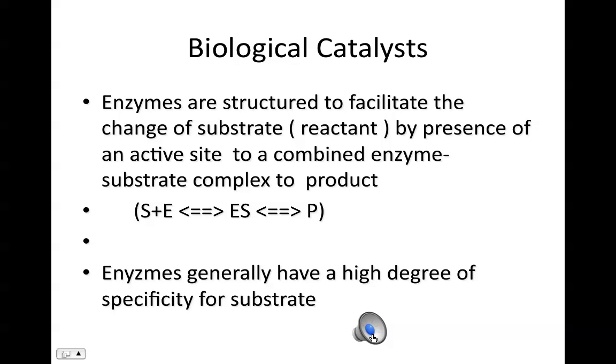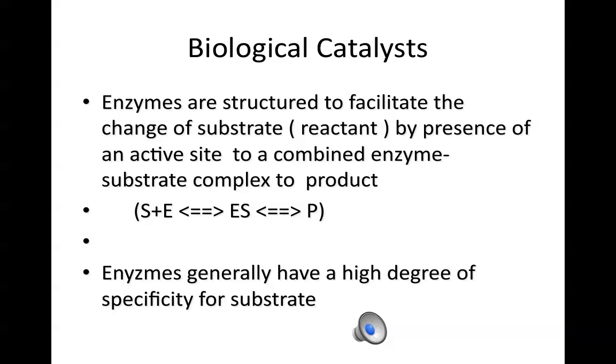In our metabolic reactions and pathways, we're going to need a biological catalyst in the form of an enzyme to facilitate the changes of our starting materials, which we call substrates, into what we call end products. Now, in a typical chemical reaction, we often use the word reactant to mean the starting materials, and the word product when we're describing what's produced.